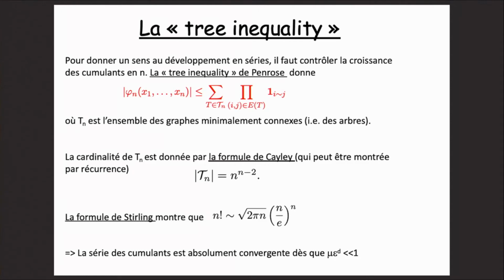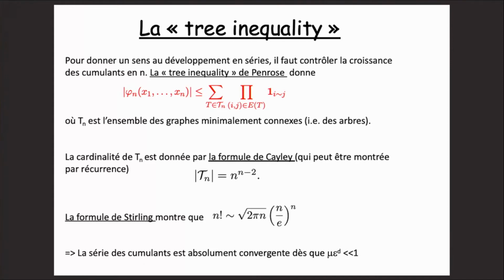So of course, there are much fewer trees than connected graphs. Essentially, if you have a tree, you have a factorial n, which is much better. And then you have the same product over all edges of this indicator function. And of course now you have no minus sign; everything is non-negative.